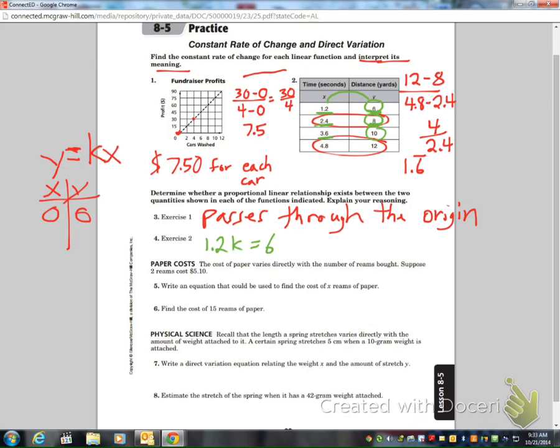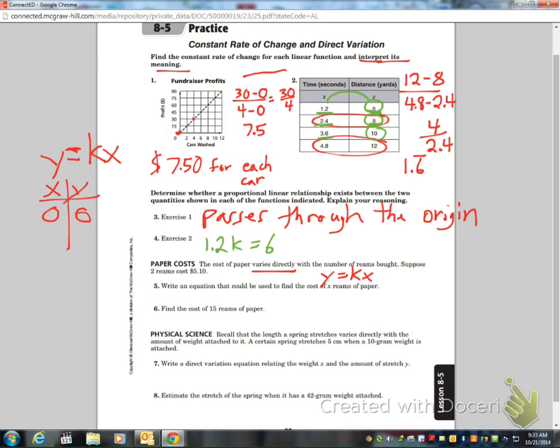Let's move on then. The next question says the cost of paper varies directly with the number of reams bought. Okay, if it varies directly, what does that mean to us? It's a direct variation equation, which means y equals some constant times x, right? Yes? All right.